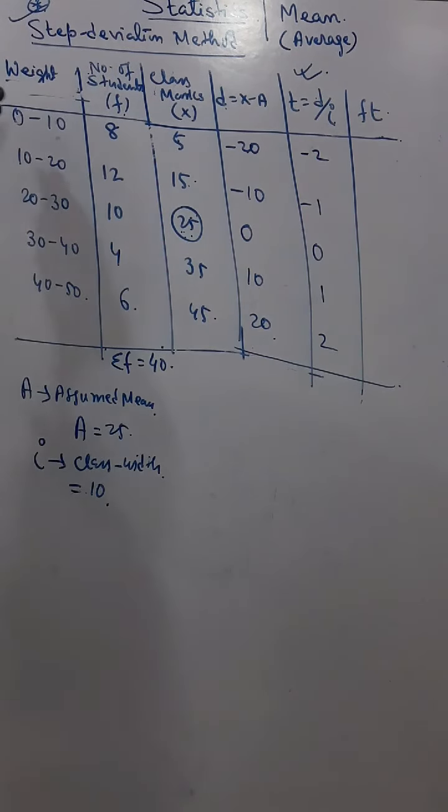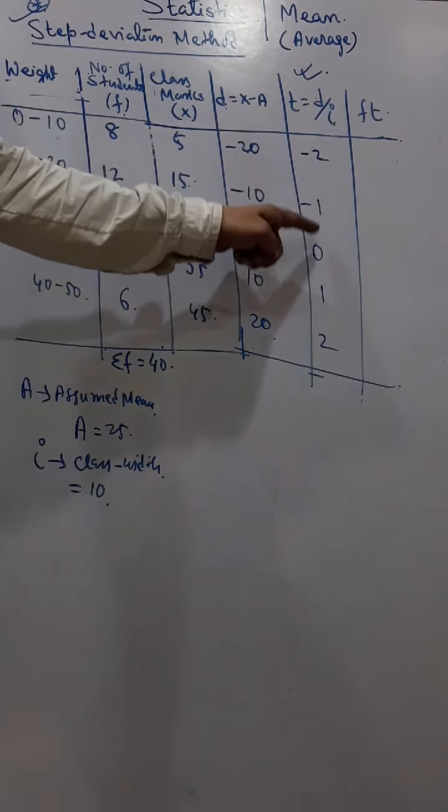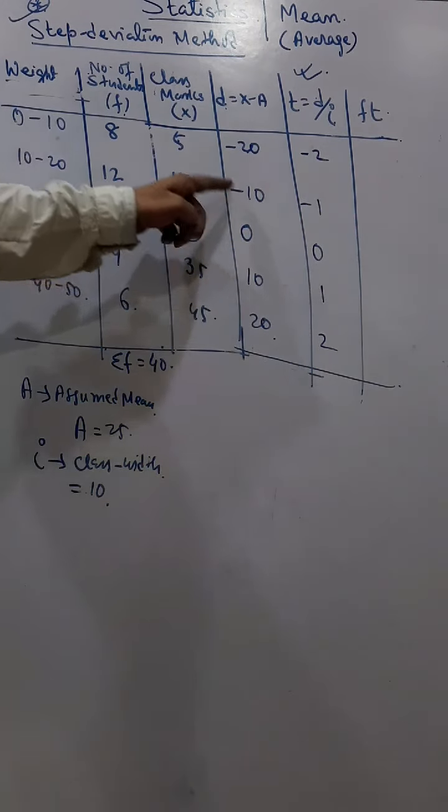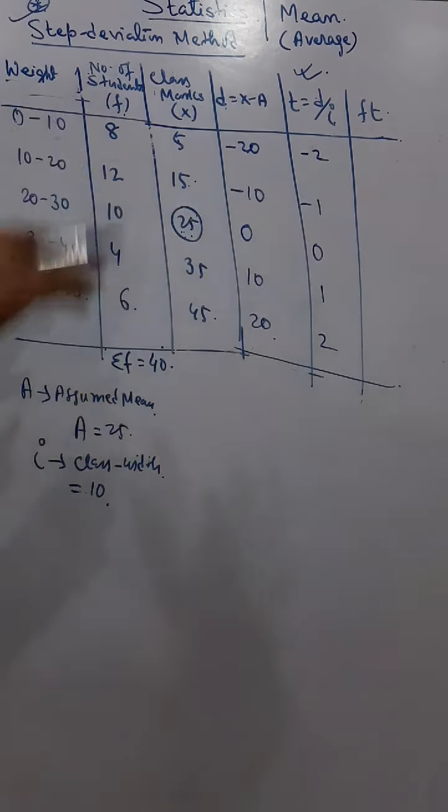You can see how the calculations become simpler, and we don't have to use any long multiplication. But if you remember in the shortcut method, the first method, you have to do a lot of multiplication. So therefore, unless mentioned, we should always prefer the step deviation method for finding mean.